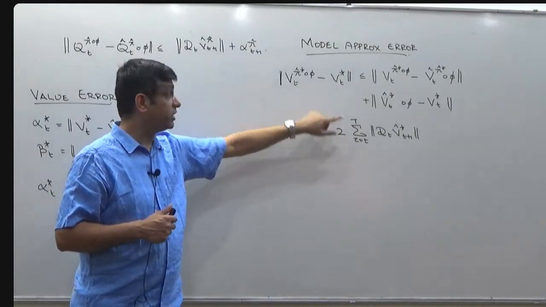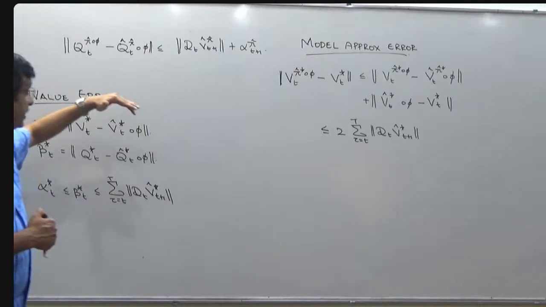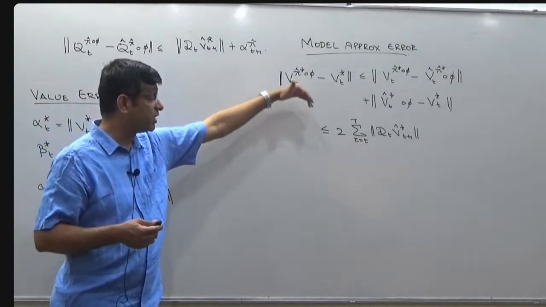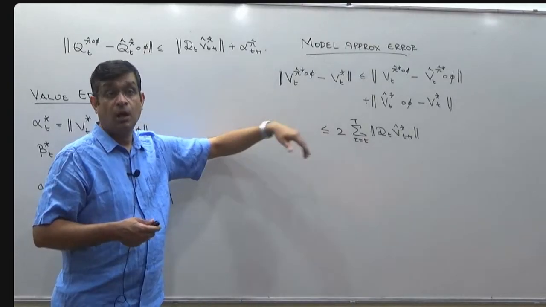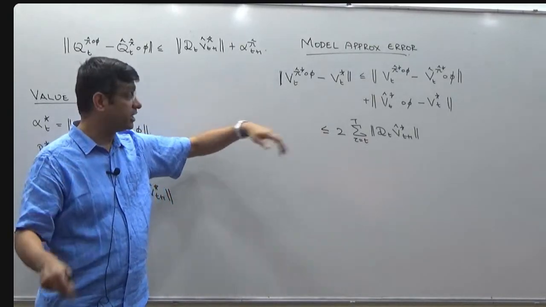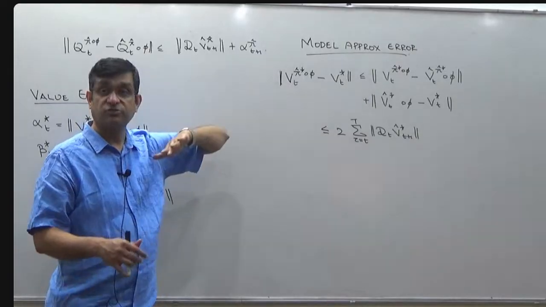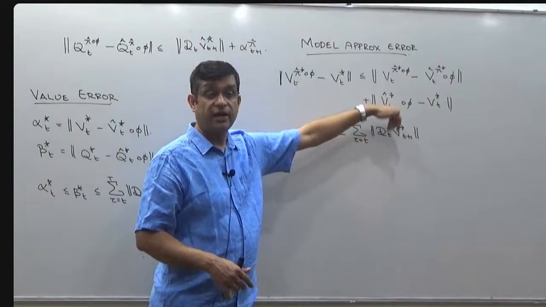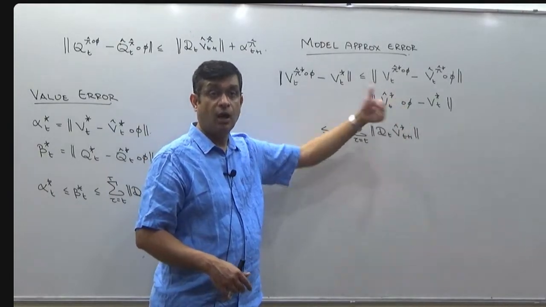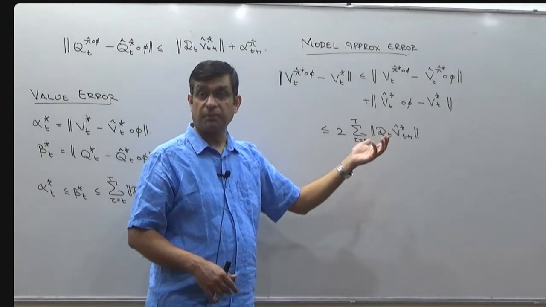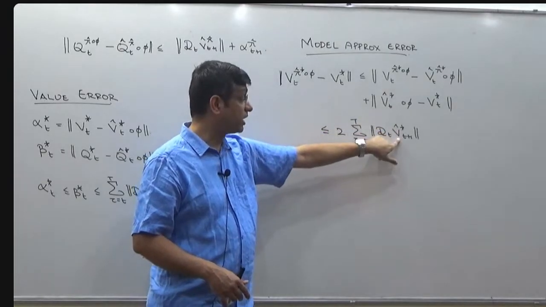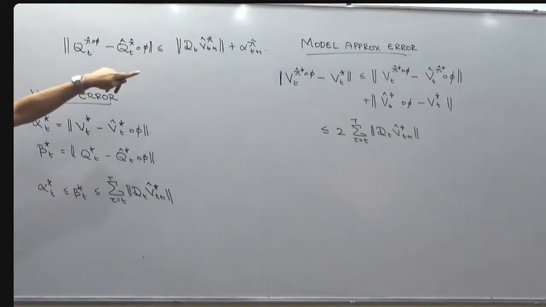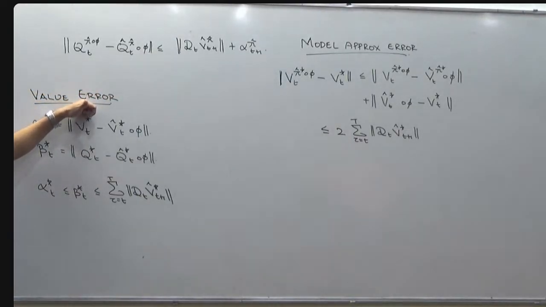In the RL literature, they derive these bounds in a slightly different way in the discounted setting, and there is a multiplicative factor of 1 upon 1 minus gamma. And the reason they get that is that they are deriving, so recall last time I had derived this other bound in terms of dV star. If I tried to derive a bound in that style, I would get that linear dependence on time. Okay? The nice thing of getting bounds in terms of V hat star is that model error is just twice the value error.